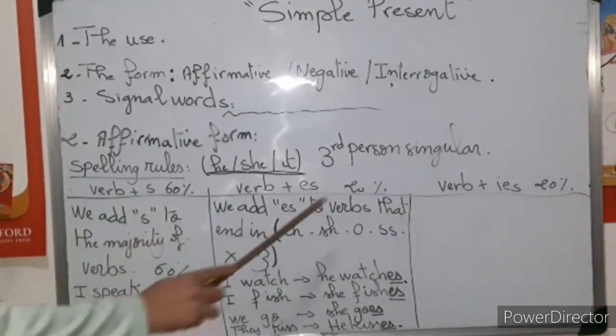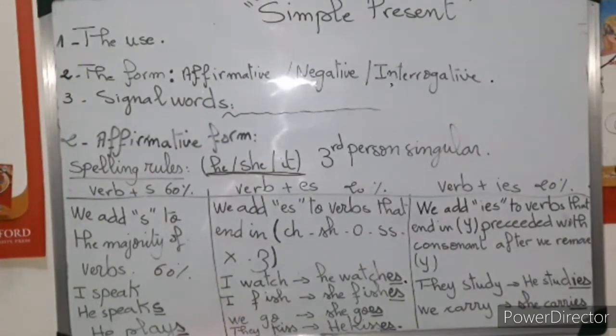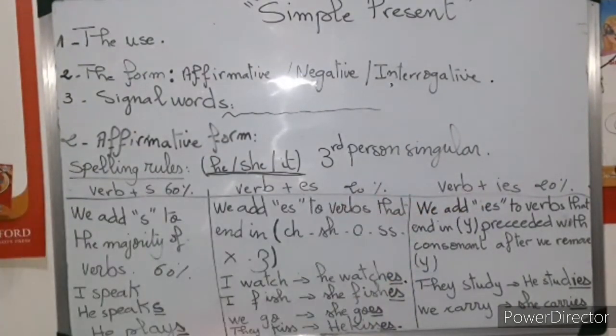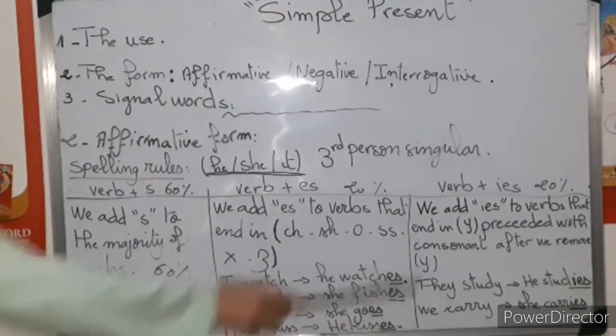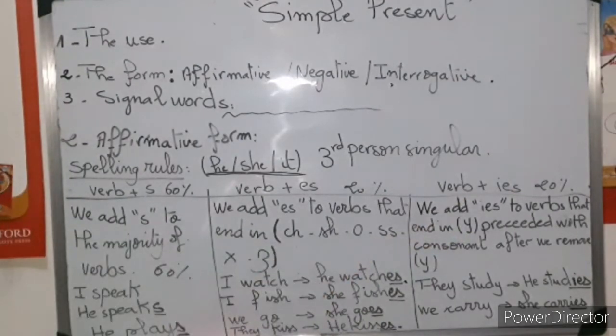So 60%, 20% is 80%, so we still have 20% of verbs. Let's see the rule. For the last spelling rule, as I told you, it is verb plus ies. We add ies to verbs that end in y, that finish in y.